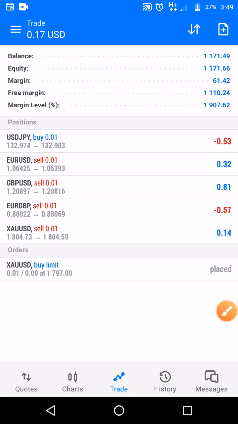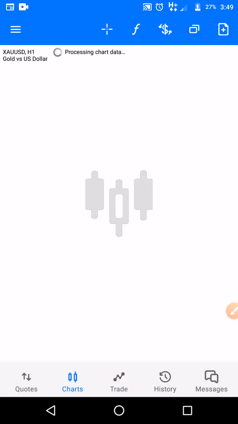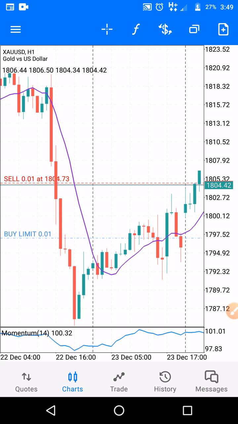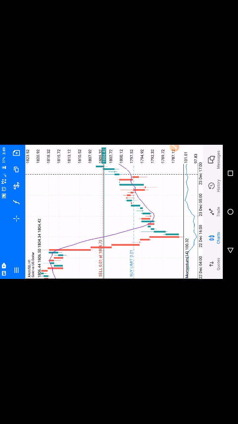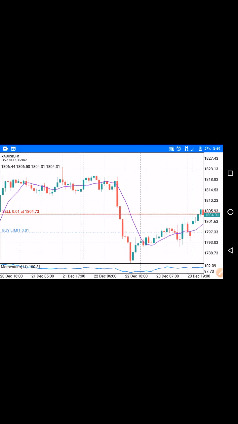Let me open the chart for you to see. Let me turn it upside down. So you can see my buy limit. Forget about the sell you are seeing up here. This is my buy limit.